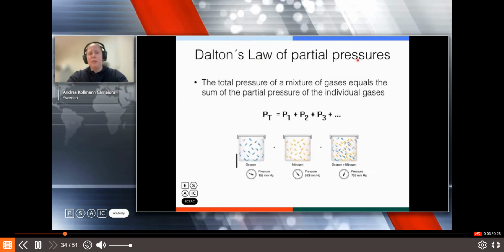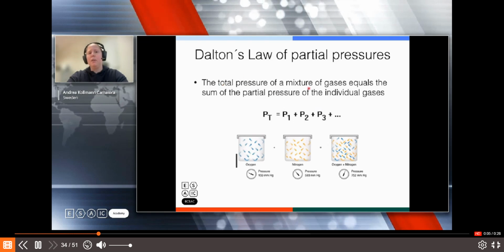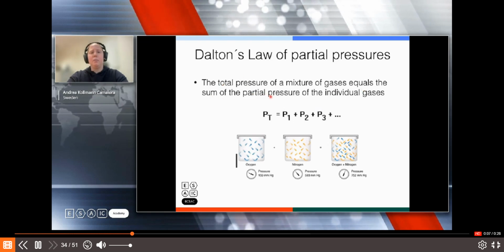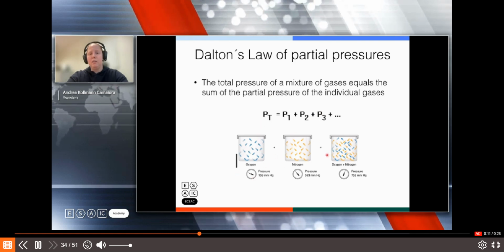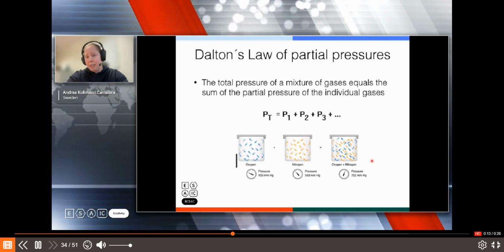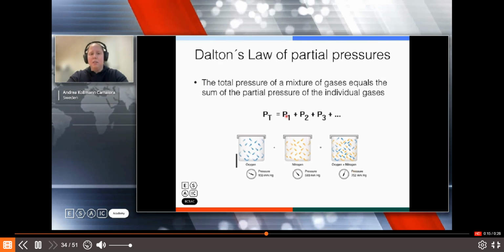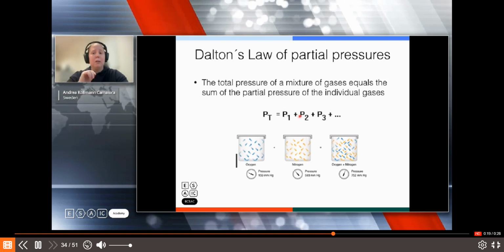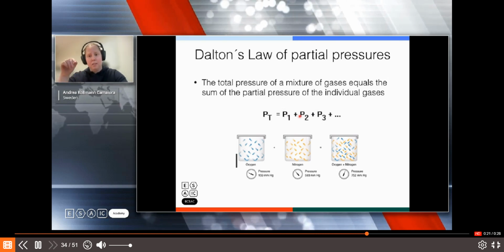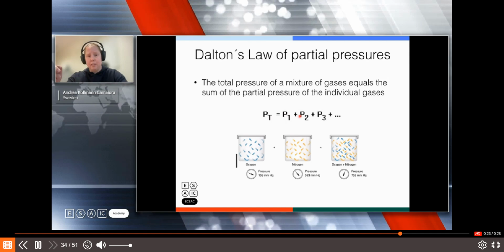Dalton's law of partial pressure states that the total pressure of a mixture of gases equals the sum of the partial pressures. So if you have oxygen plus nitrogen, that gives you more or less what we have in the air. And look that the pressures are added, not multiplied. This is a common mistake people make in the European exam, or when studying physics for anesthesia.